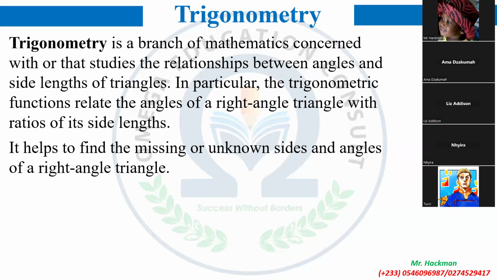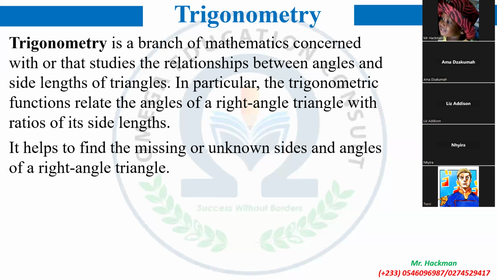So even with the triangles, for you to apply the trig function in terms of the trig ratio, we are going to concentrate on a special type of triangle, which will be a right angle triangle. Here I'm talking about the trig ratios. But that's not to say that if your triangle is not a right angle triangle, you cannot use the concept of trig to deal with it. You can use the concept of trig, but not the trig ratios.